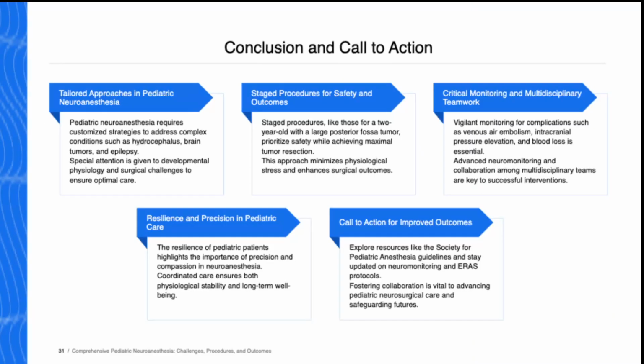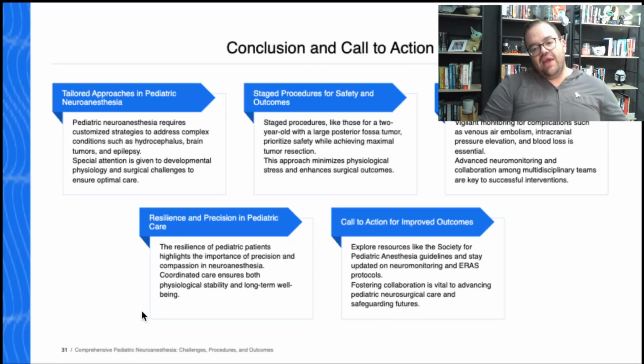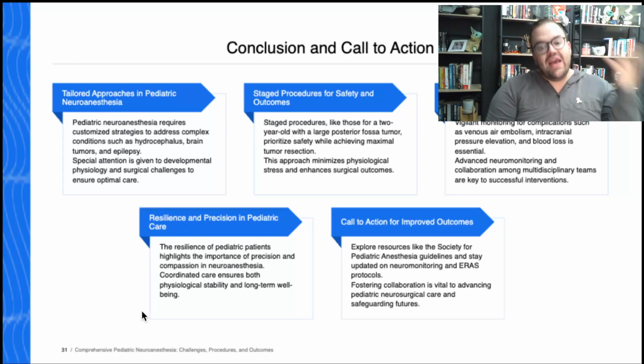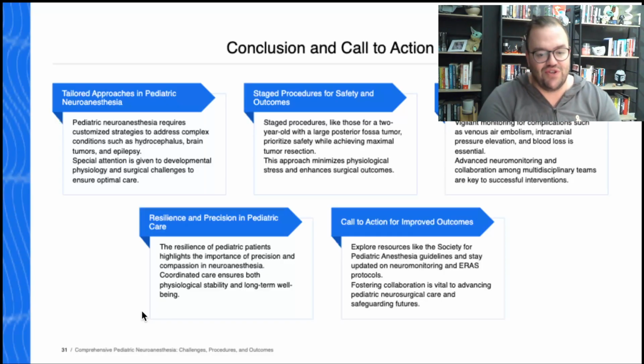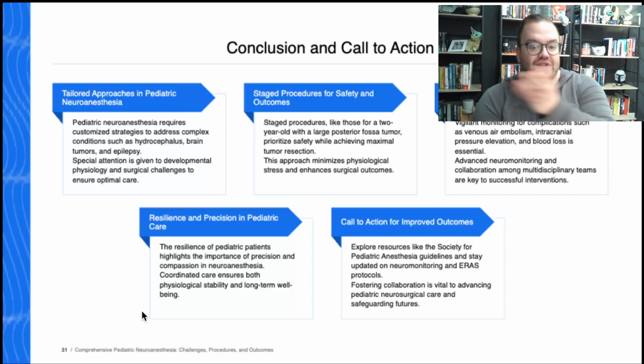So guys, in conclusion, we've gone through today tailored approaches in pediatric neuroanesthesia. And essentially, as I've said to you guys, your strategies need to be tailored. It all depends on the case. A VP shunt is a very different entity to a posterior fossa surgery, to a craniosynostosis, to a scoliosis.